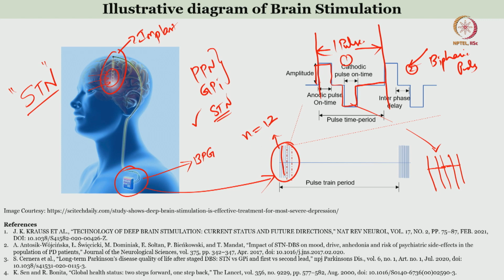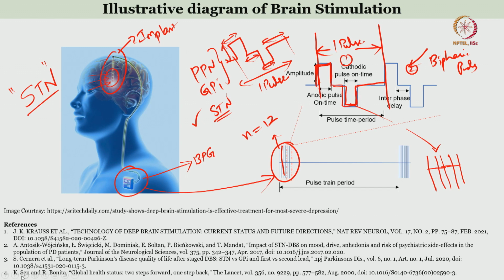Mind you, one pulse contains an anodal phase as well as a cathodal phase. It will have a certain current amplitude, pulse on time, off time, and an interphase delay in between. And then there is a relaxation time here.